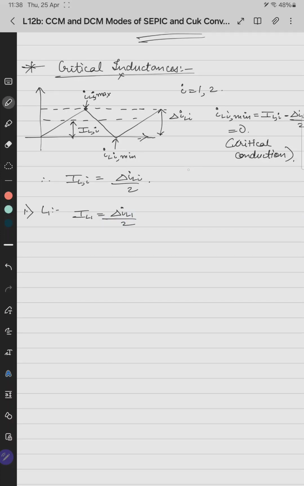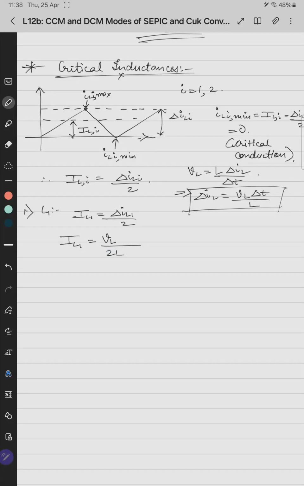And what is delta IL? VL is L delta IL by delta T, which means that delta IL is VL into delta T by L. IL1 equals delta IL1, that is VL by 2L.